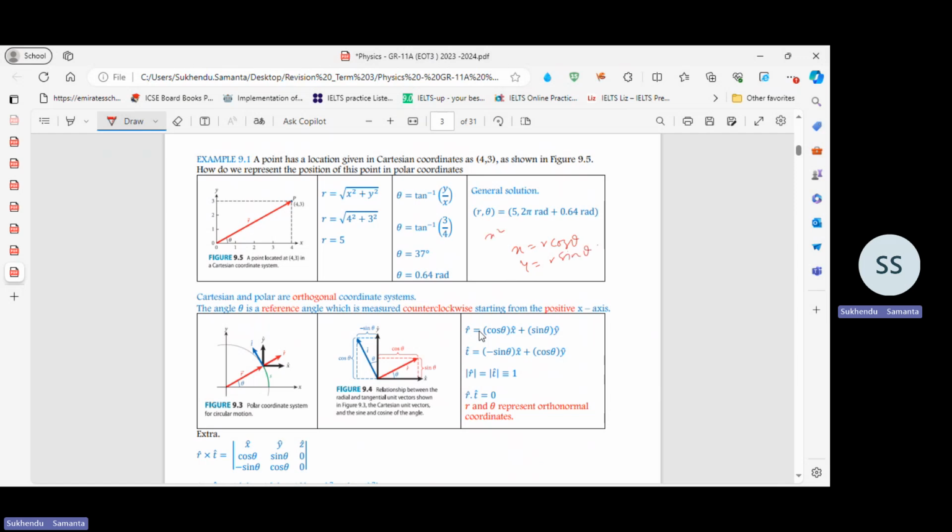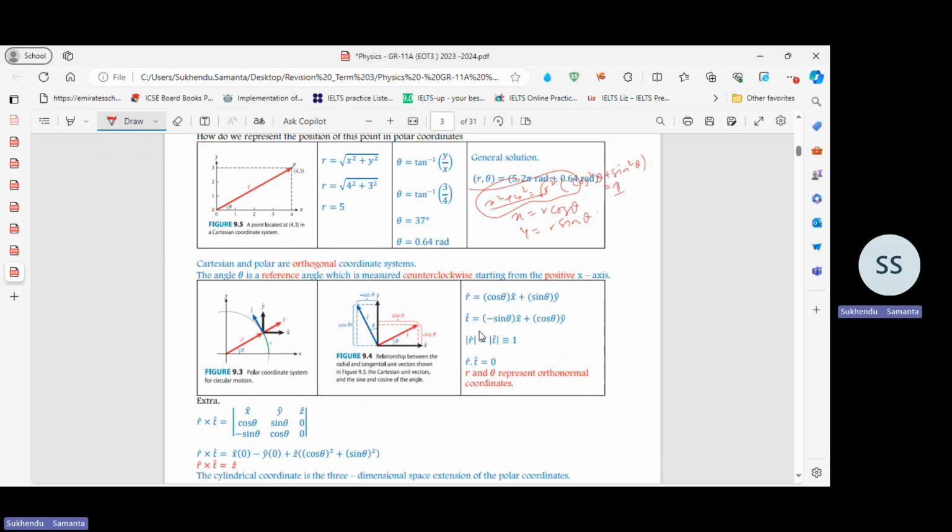So x square plus y square is equal to r square sine square theta plus r square cosine square theta, and sine square plus cosine square is 1. So x square plus y square is equal to r square. If you take the square root, then it becomes the polar coordinate.